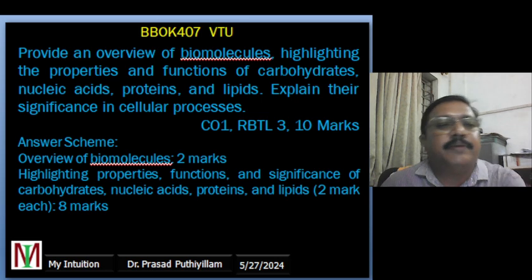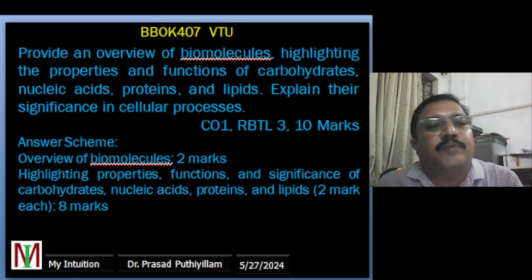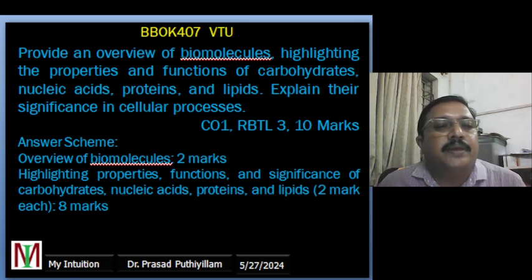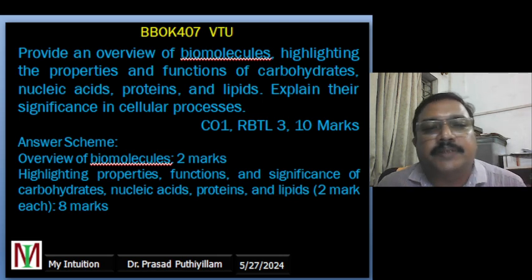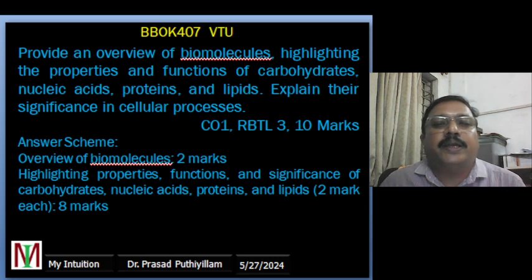The answer scheme is also given here: overview of biomolecules carries 2 marks, and highlighting the properties, functions and significance of carbohydrates, nucleic acids, proteins and lipids comes to 2 marks each. That makes 8 marks for the 4 biomolecules.